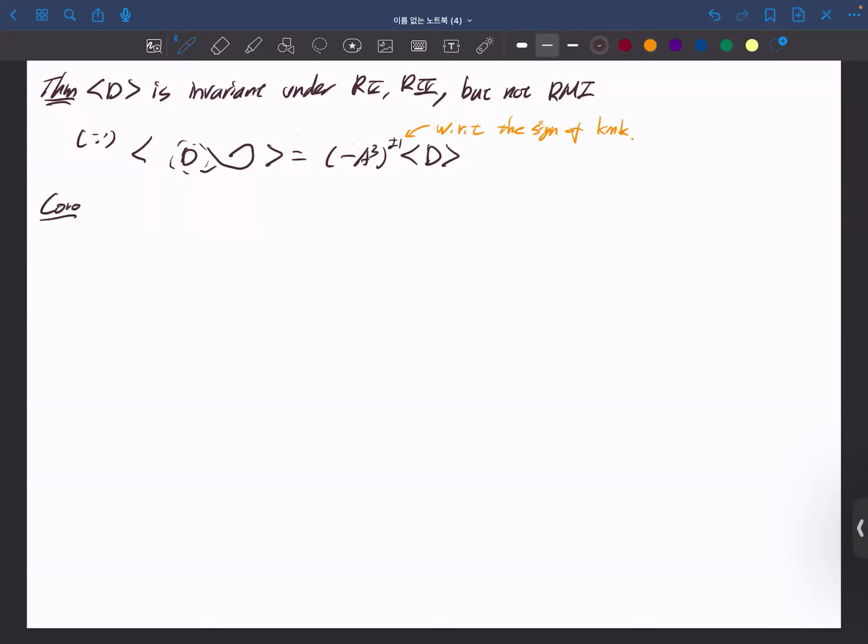So as a corollary, we can get that the bracket D is invariant for framed links.